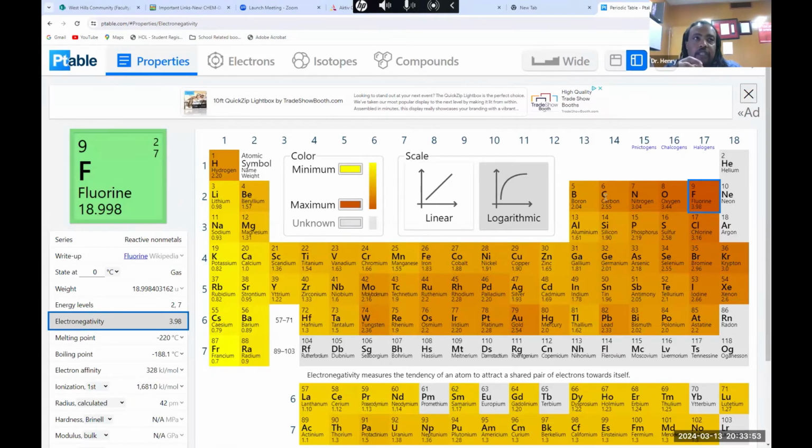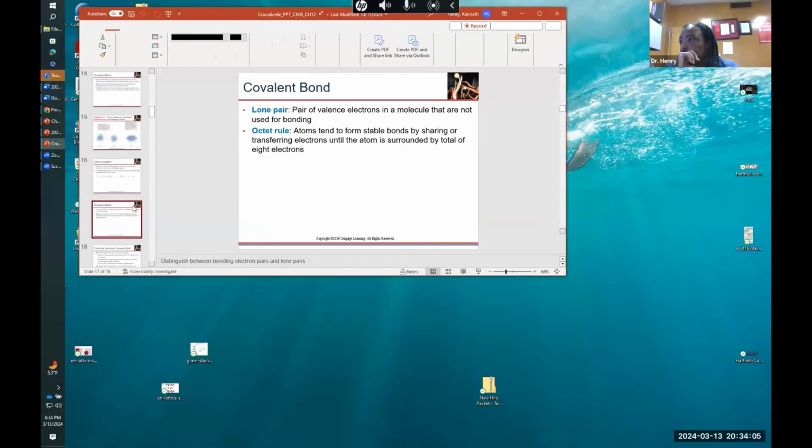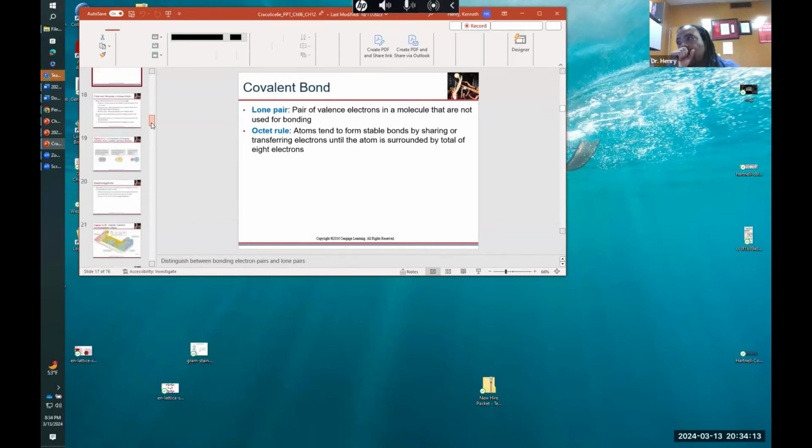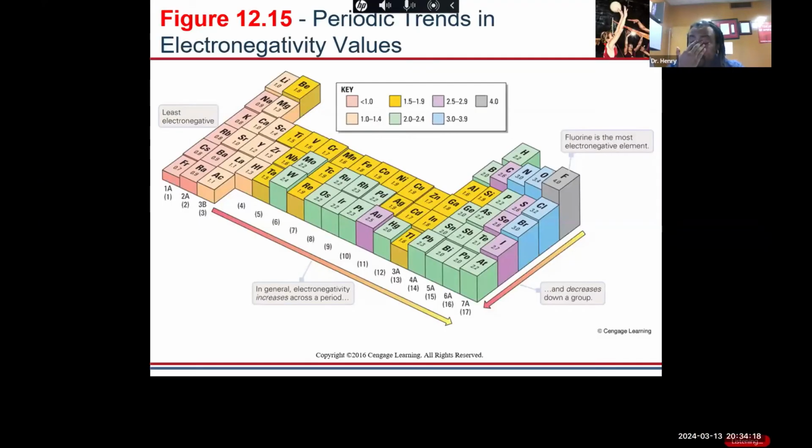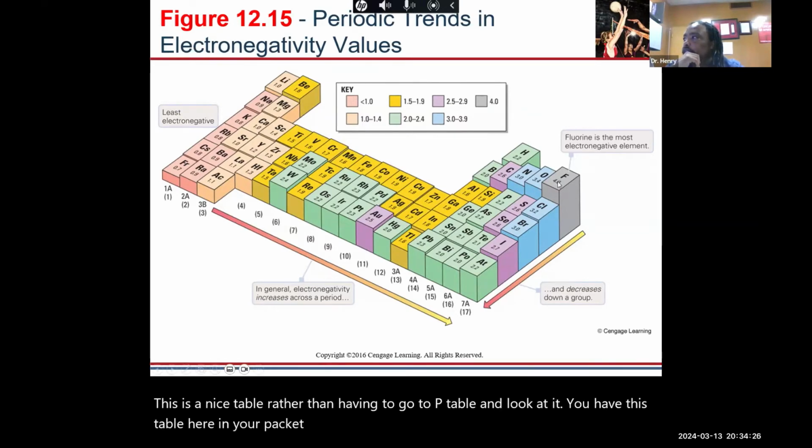If they're sharing electrons, oxygen is going to want to pull them. You also have this table in your packet, which is nicer than going to the periodic table. You can see fluorine 4, oxygen 3.4.